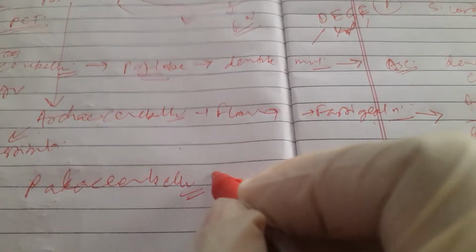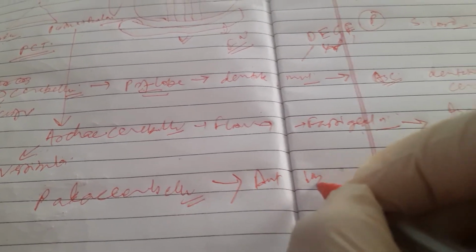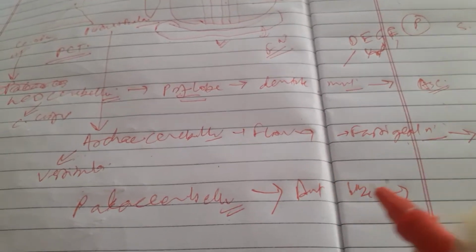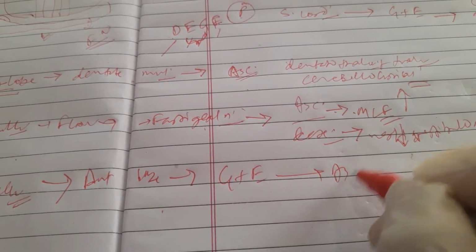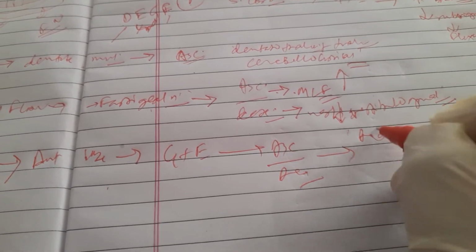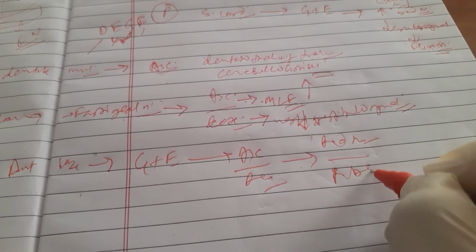Now paleocerebellum, again this is the anterior lobe, and going to which nucleus? Paleocerebellum goes to the nucleus interpositus, that is globose plus emboliform, then ascending and descending, ascending going up to the red nucleus, and descending going to the rubrospinal. Okay, and incoming we have already dealt with.